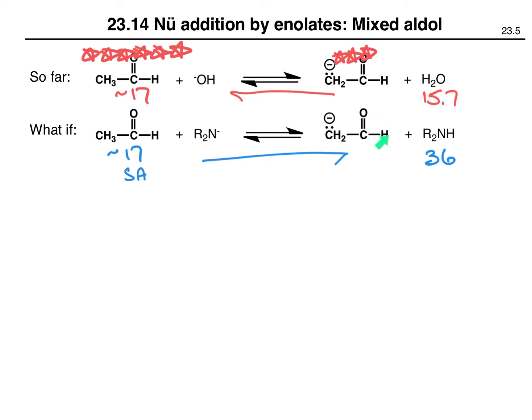So this enolate will just be sitting here, bumping into solvent molecules, and it's not really going to bump into one of these because there aren't very many around. So now if we added in something else, this enolate can react with it to give us our desired product.